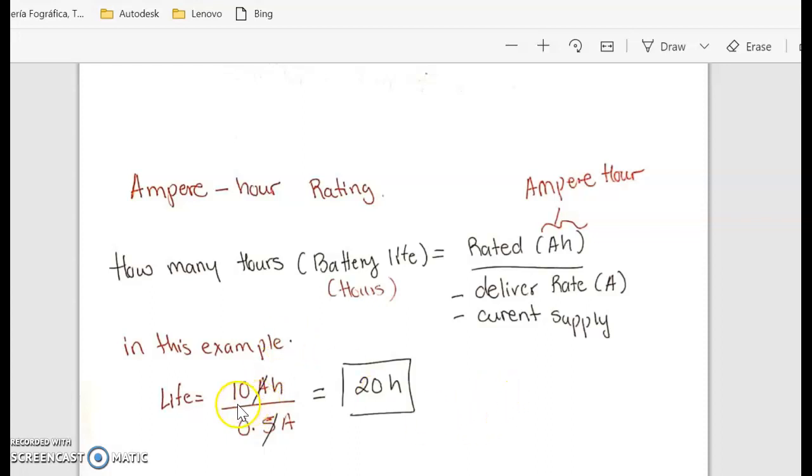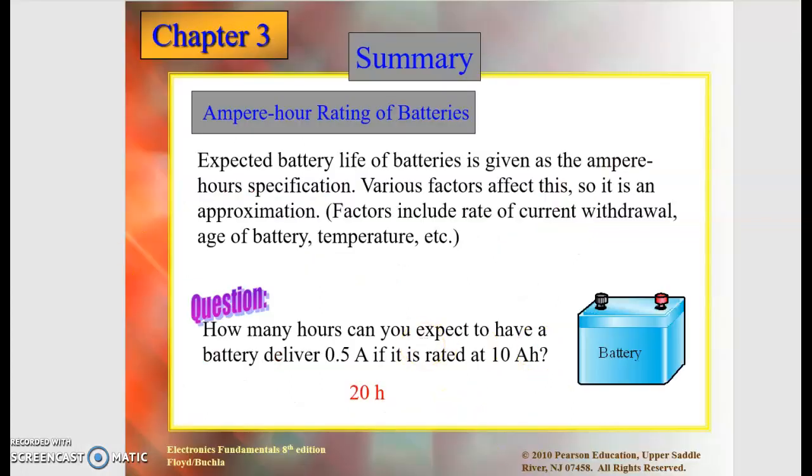Like in the example, we have a 10 amp hour rating, and it is going to be supplying half an amp. So how many hours can it supply that? It can supply it for 20 hours. So that's how we do the life expectancy from the ampere hour rating of batteries or power sources in this case.